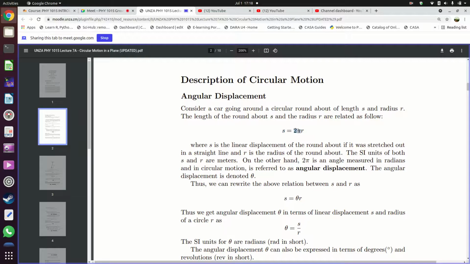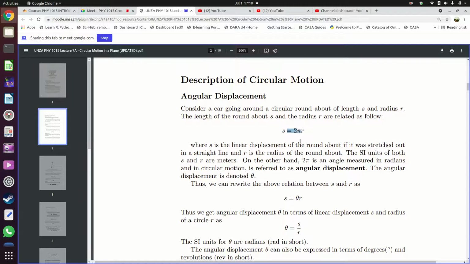The 2 pi which you are seeing here is an angle. 2 pi is an angle. From this expression, if you want to find out how long a circle is, you need to multiply by 2 pi, then r.